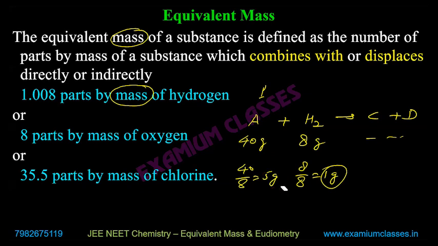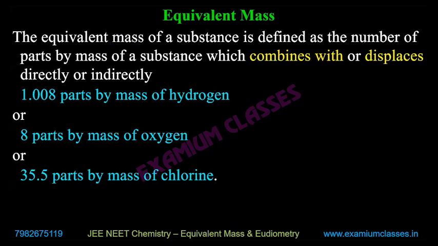Similarly, in a different reaction, it can be that A and B react and they produce C plus hydrogen. And say 30 grams of B displaces hydrogen from A, okay, and that is equal to 6 grams.